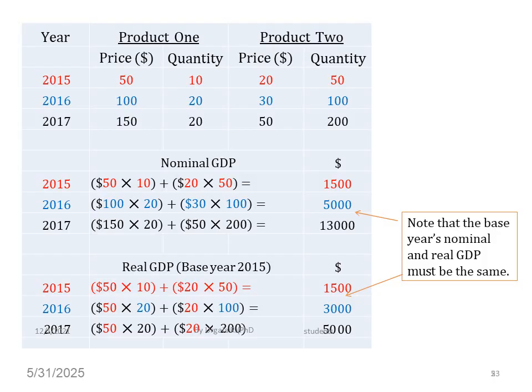Let us calculate real GDP for 2015, the base year. Under real GDP also, the price is 15 and the quantity is 10, plus the price is $20 times quantity 50, which is equal to 1,500.